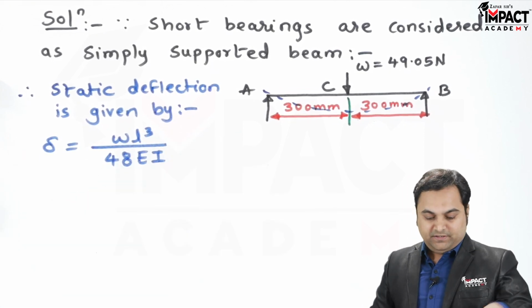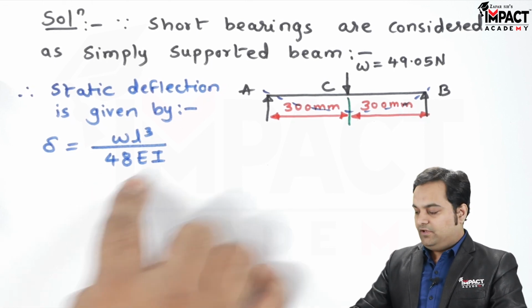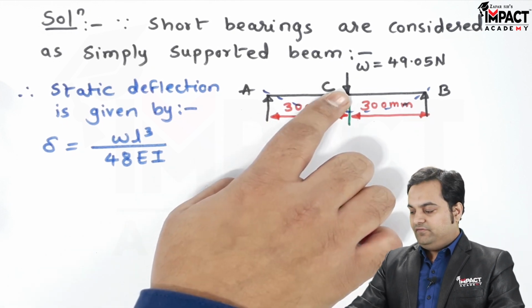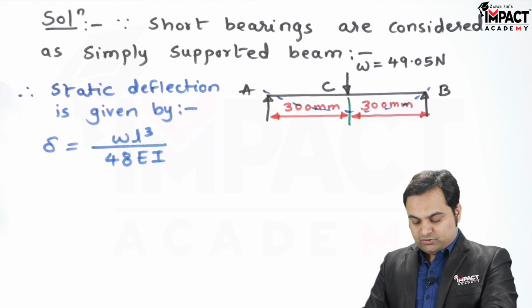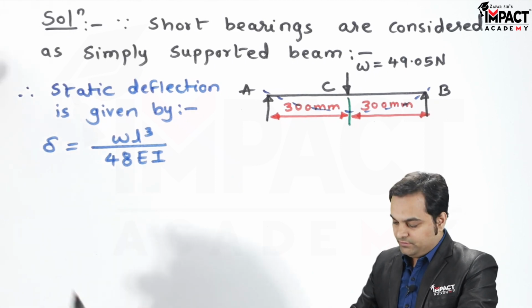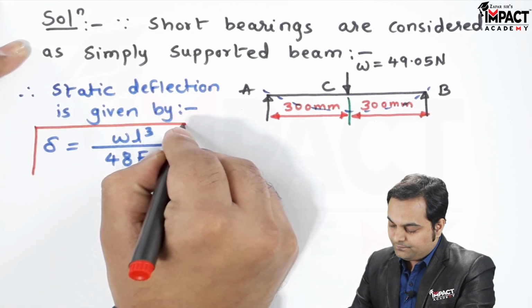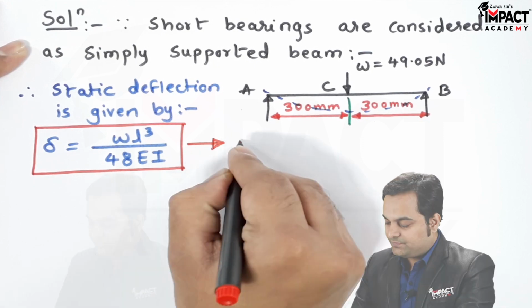So this is the formula we have to remember for static deflection in case of a simply supported beam where the load is kept at the center. If the load is away from the center, then this formula would change. So here it is WL cube upon 48 EI, and I am keeping this as equation first.